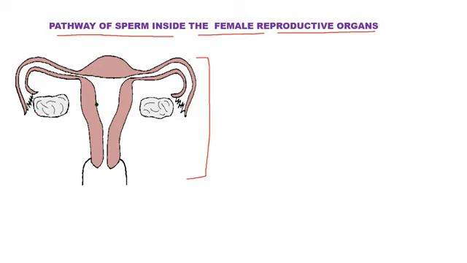In this we can see that the ovum is released from the ovary and comes into the fallopian tube, and the sperms deposited in the female vagina take a path and go towards the ovum and get fertilized. Once fertilization takes place, a zygote is formed.